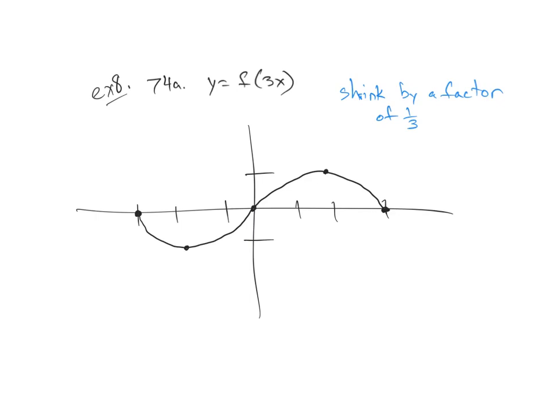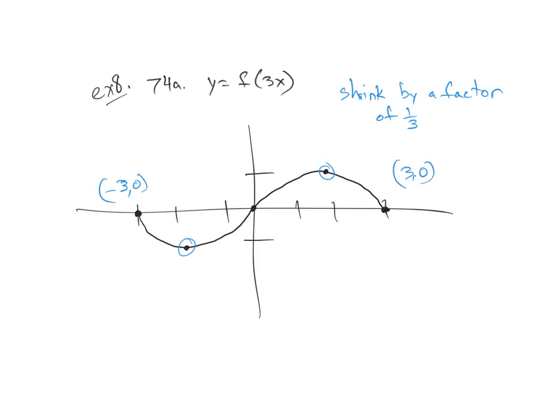Here's what you do. You pick the points that you know. We do not know these two right here. I don't know where they're at, okay? But I do know this one right here at negative 3, 0. I know this one at 3, 0. So if it's a horizontal shrink, that means the vertical part isn't changing.